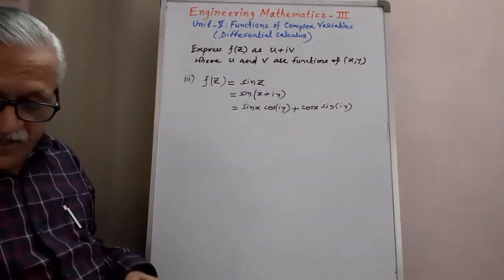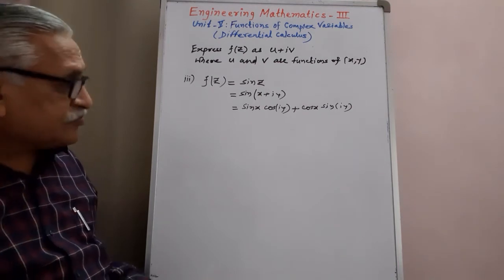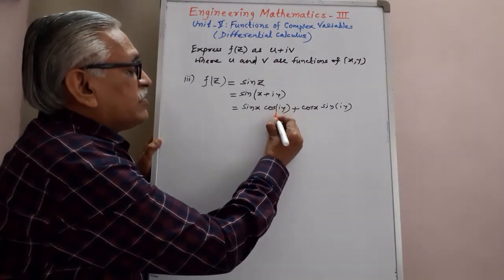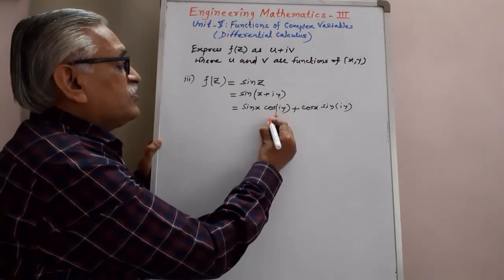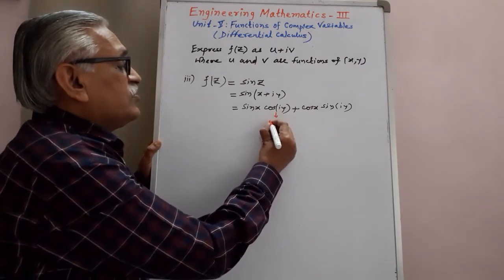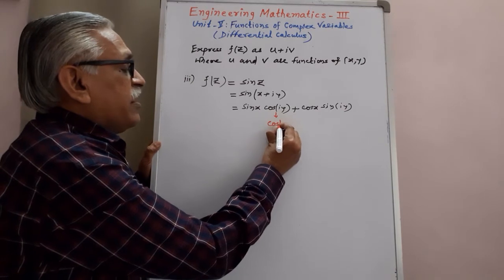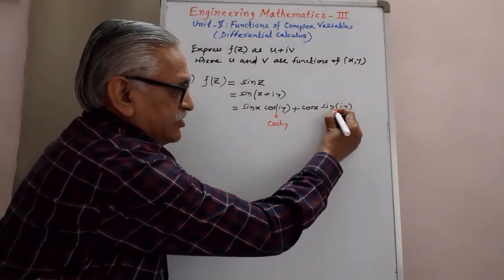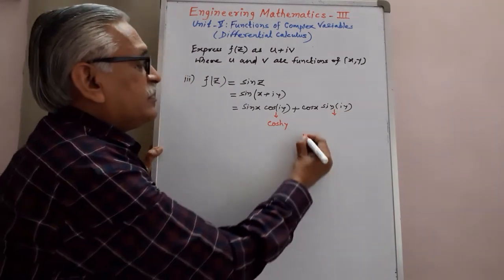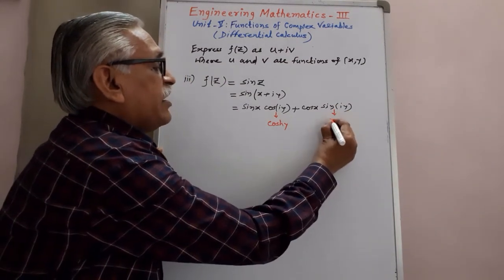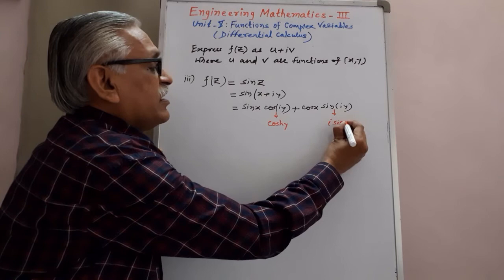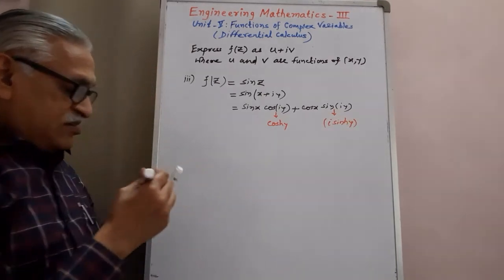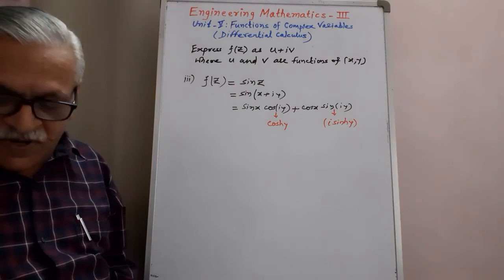Okay. Then this cos of iy is nothing but cos hy, and this sin of iy is i sin hy. Standard result from complex numbers.